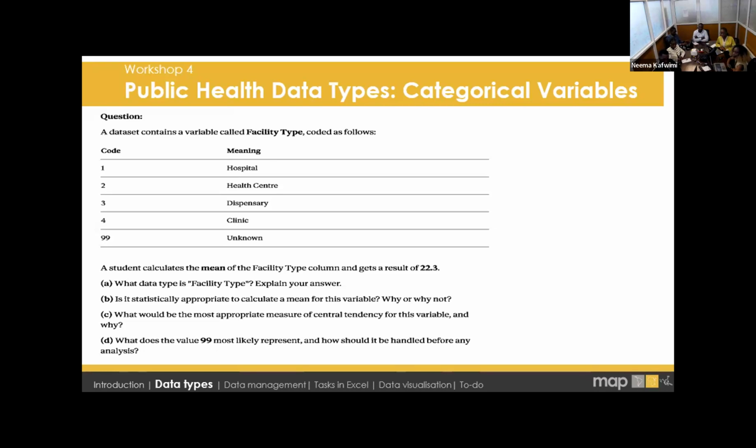A data set contains a variable called facility type, coded as 1, 2, 3, 4, and 99. The codes mean hospital, health center, dispensary, clinic, and unknown. A student calculates the mean of the facility type column and gets a result of 22.3. What data type is facility type?